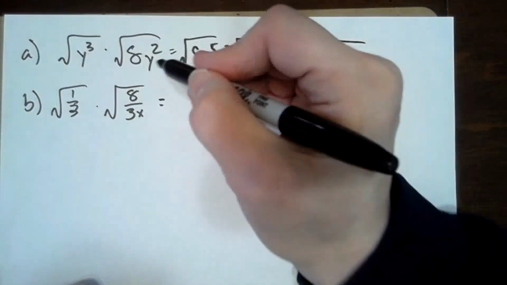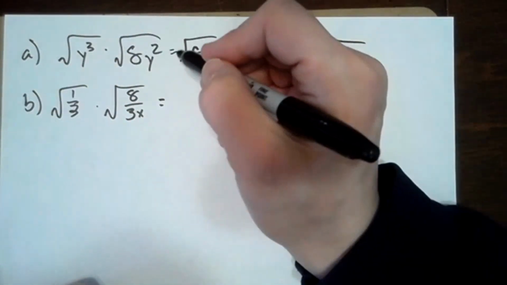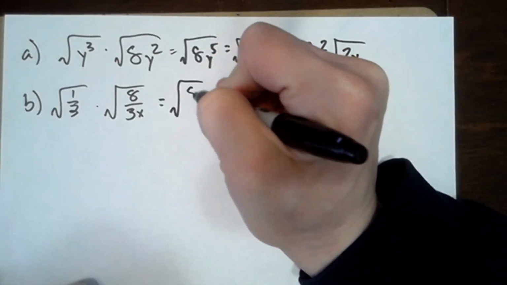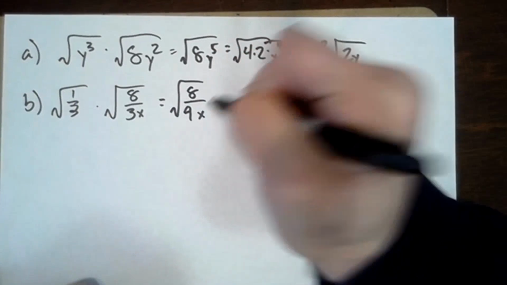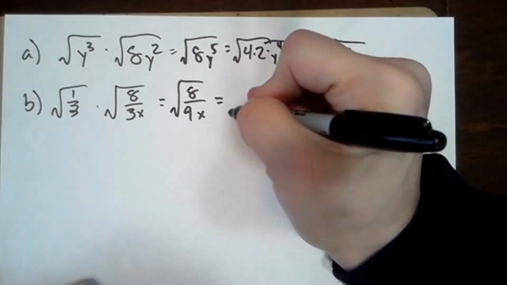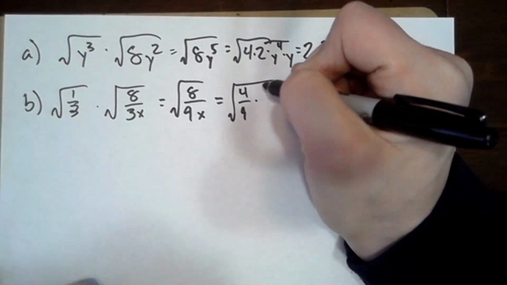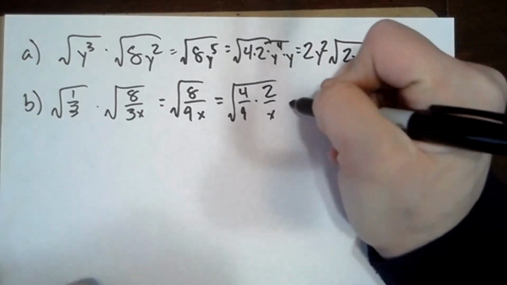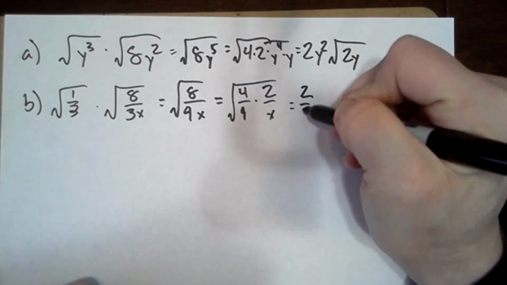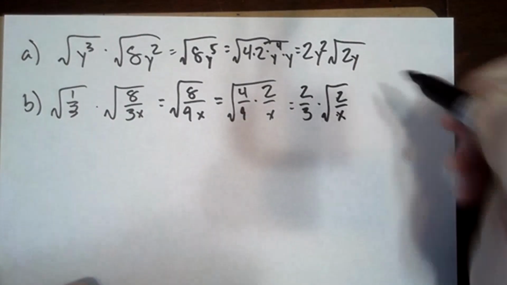Here we've got the square root of 1/3 times the square root of 8 over 3x. That will give us the square root of 8 over 9x. Okay, well, I can rewrite that as the square root of 4/9 times the square root of 2 over x, which gives us 2/3 times the square root of 2 over x.